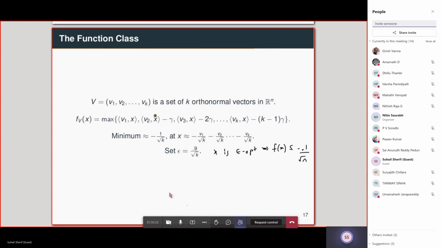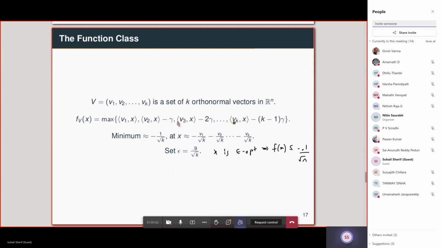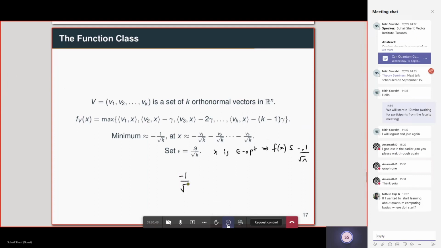We know that Vk inner product x is going to be something like 1 by square root n. And we want to make sure that this is not small enough. Suppose it was actually minus 1 by square root n minus k times gamma. We want this to be larger than minus 0.1 by square root n.